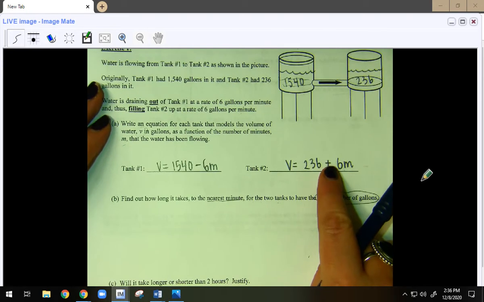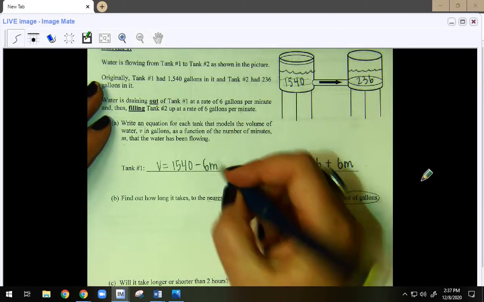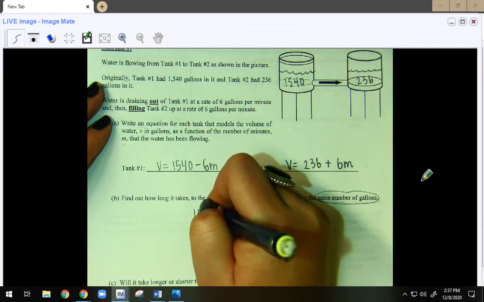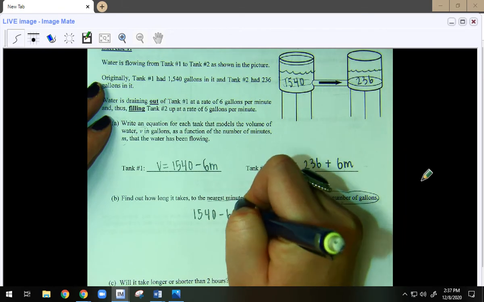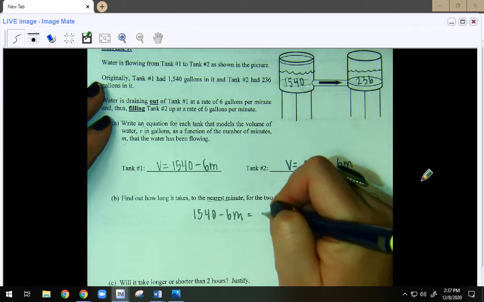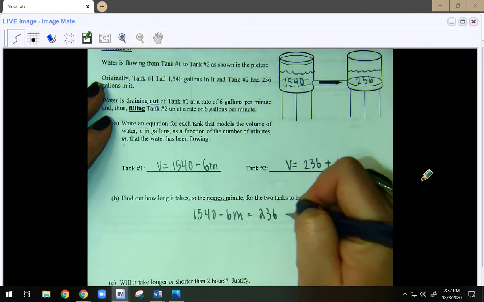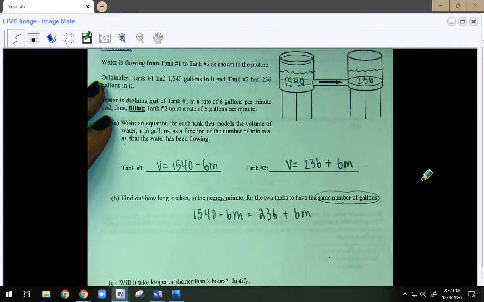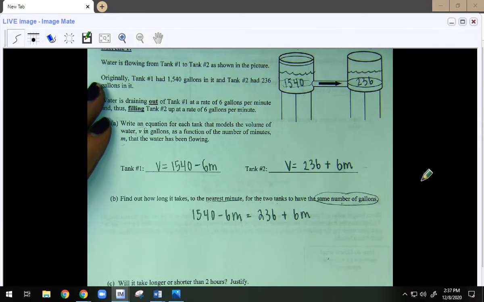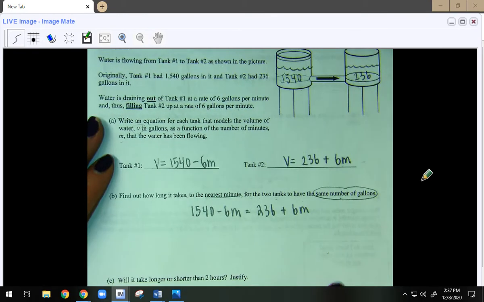If they're going to be the same, they have to be equal. So tank 1 is equal to tank 2. And since it says find out how long, I'm going to solve for M.